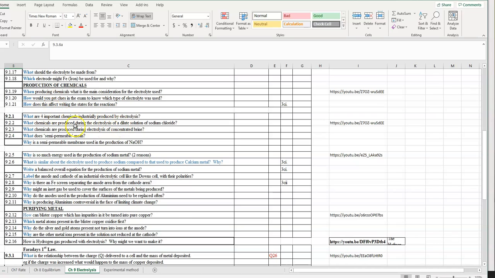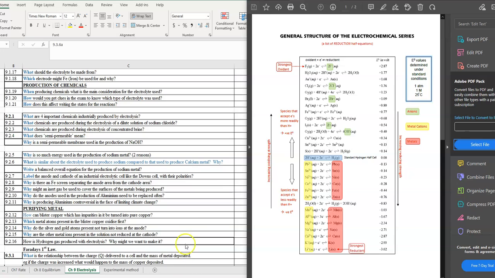So what chemicals are produced during the electrolysis of a dilute solution of sodium chloride, and what happens when it becomes more concentrated? If we look on our electrochemical series, electrolysis is this pattern, this positive gradient, because electrical energy is being used to produce chemicals.